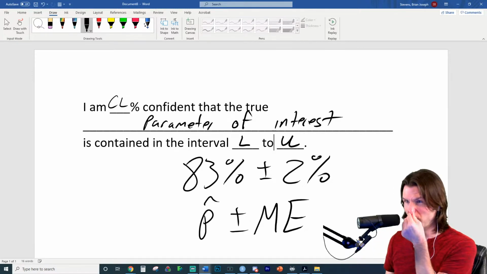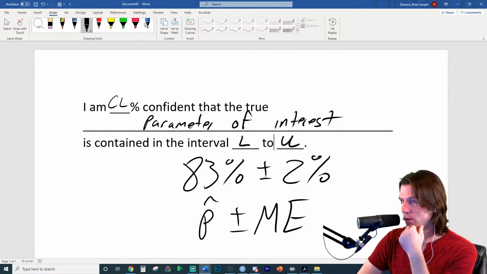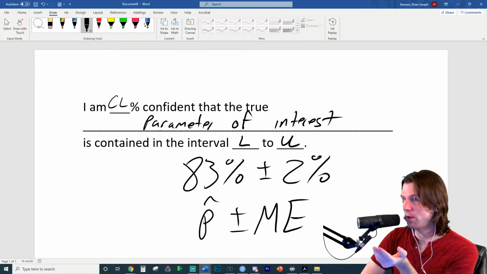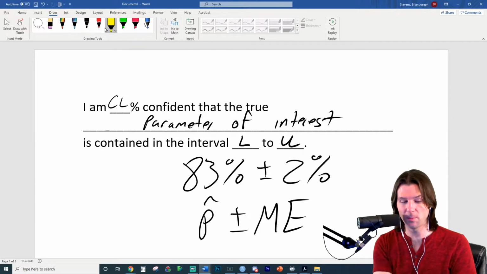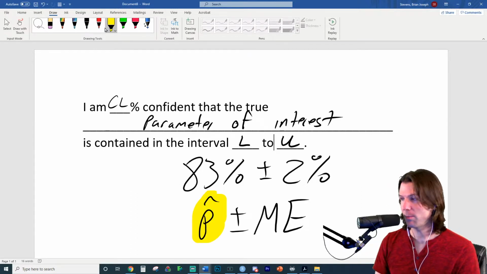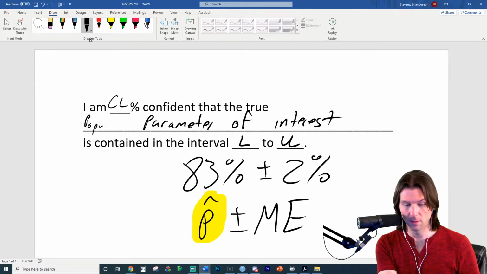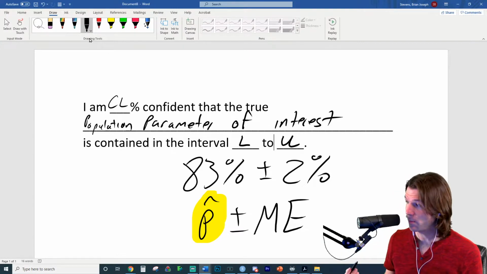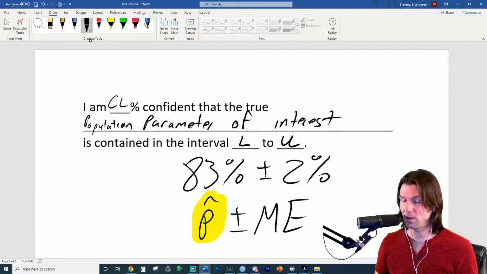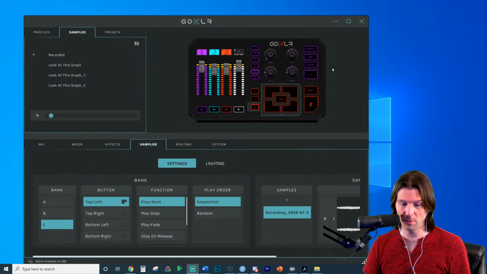So the margin of error is 2%. We have here the sample proportion, and we use the sample proportion to estimate for the population. So this is actually a population parameter up here, and we're using the sample to estimate it. We took a sample to estimate what's the truth for the population. So the answer is going to be the population parameter one.